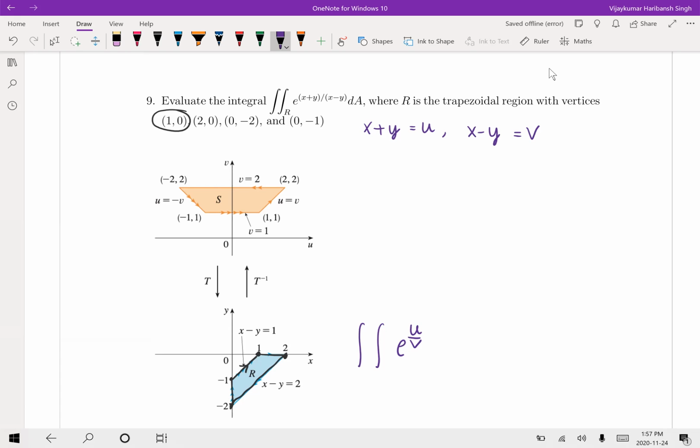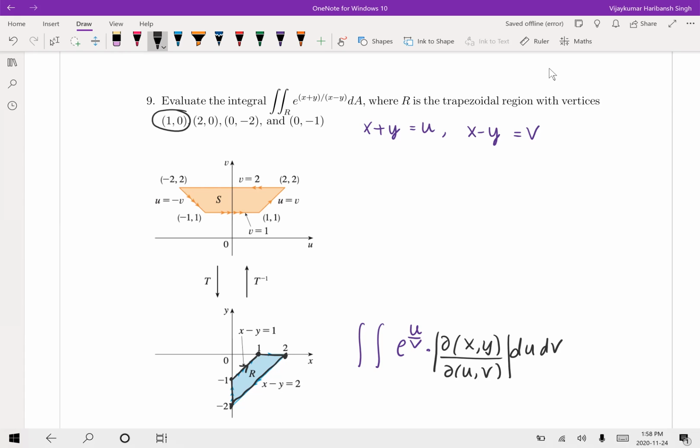Now we need to, of course, multiply by the Jacobian. What Jacobian are we multiplying by? We multiply by the partial of x, y with respect to u, v, du dv, taking the absolute value of this Jacobian.